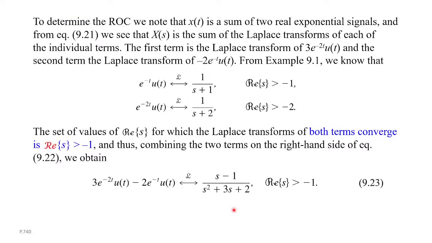From what we talked about in the first example, this Laplace transform is convergent on the real part of s bigger than -1, and this thing is convergent on the real part of s bigger than -2. You want both to be true, so you take the smaller of those two regions, that is, bigger than -1. Okay. So yeah, that's our answer.